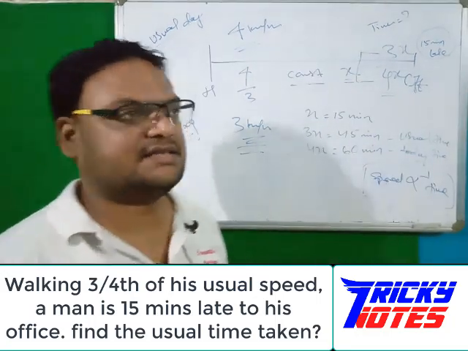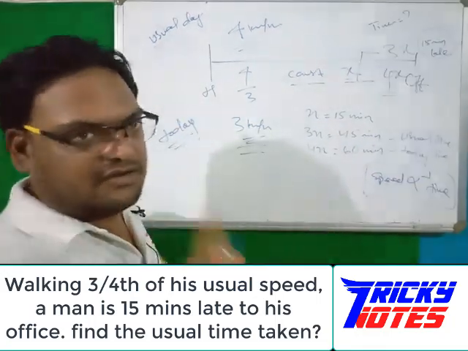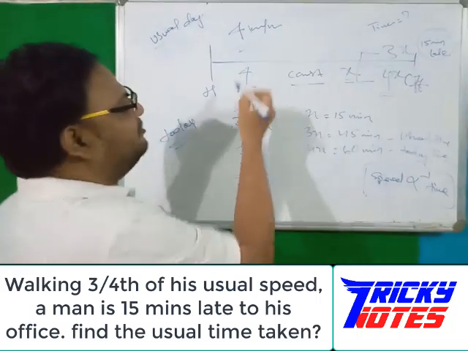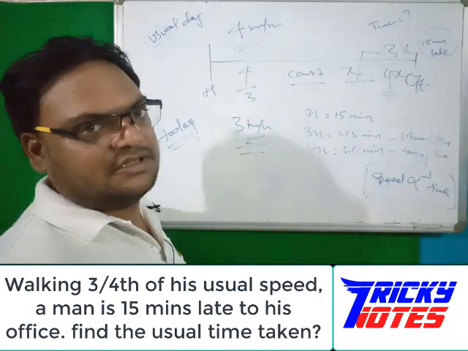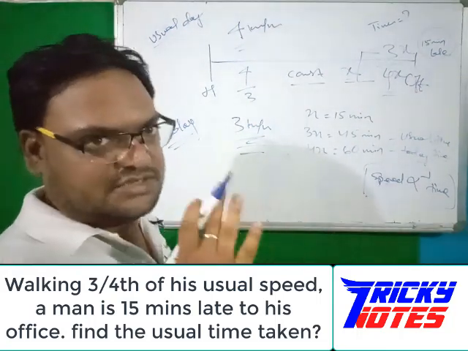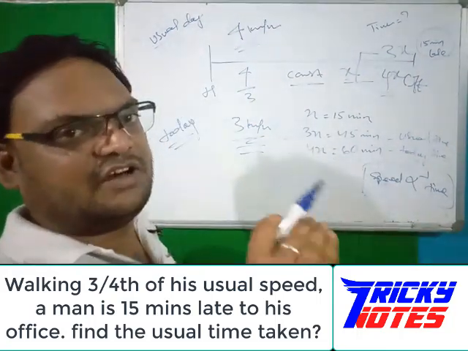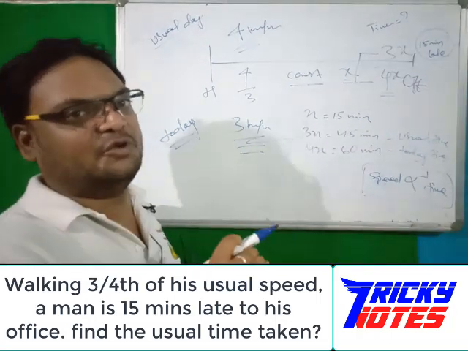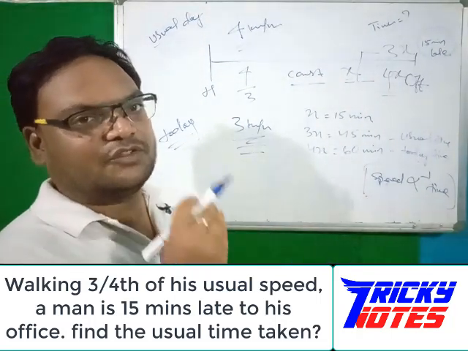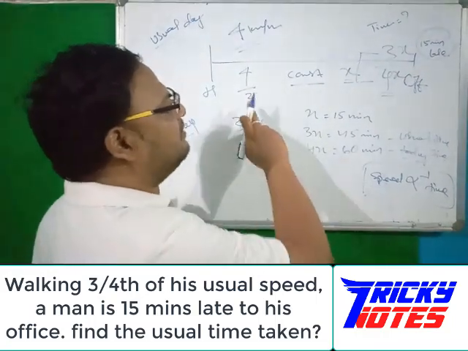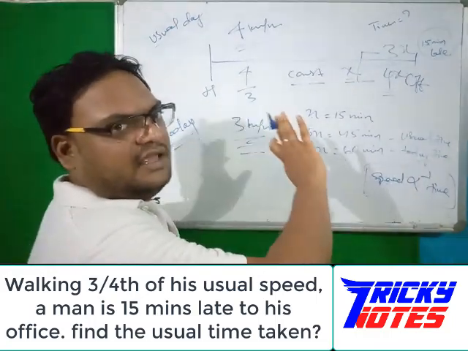That is our answer. I am telling you once again, concentrate. I am assuming this to be 4:3 because the ratio is given 4:3. Every day he was going at a speed of 4 km per hour or 40 km per hour. Today he is going at a speed of 3 km per hour or 30 km per hour. 3/4 of the usual speed. Now the time taken will be the inverse.